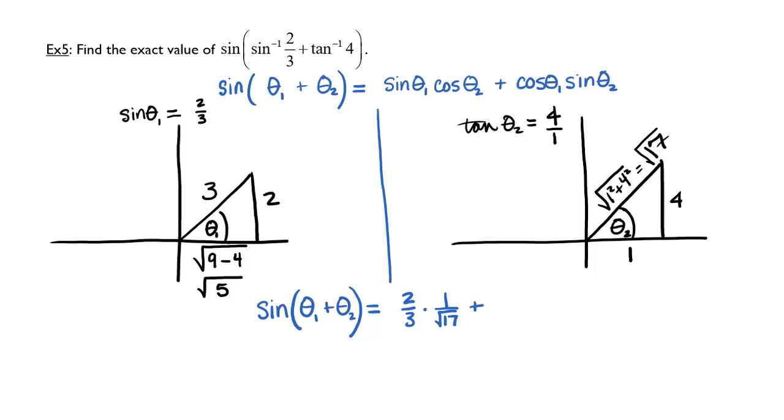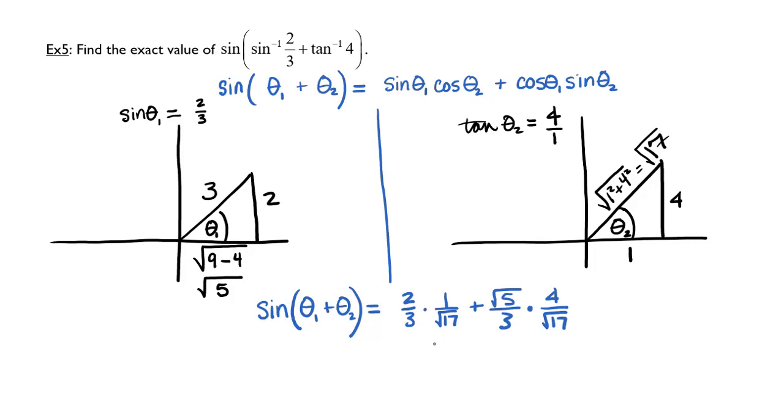Again, that gives me adjacent over hypotenuse, or square root of 5 over 3, times sine of theta sub 2, which will be opposite over hypotenuse, or 4 divided by the square root of 17.